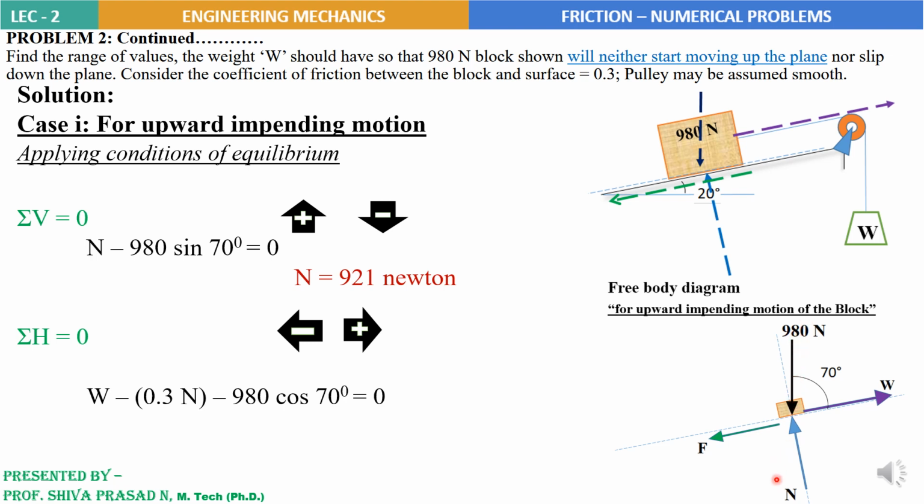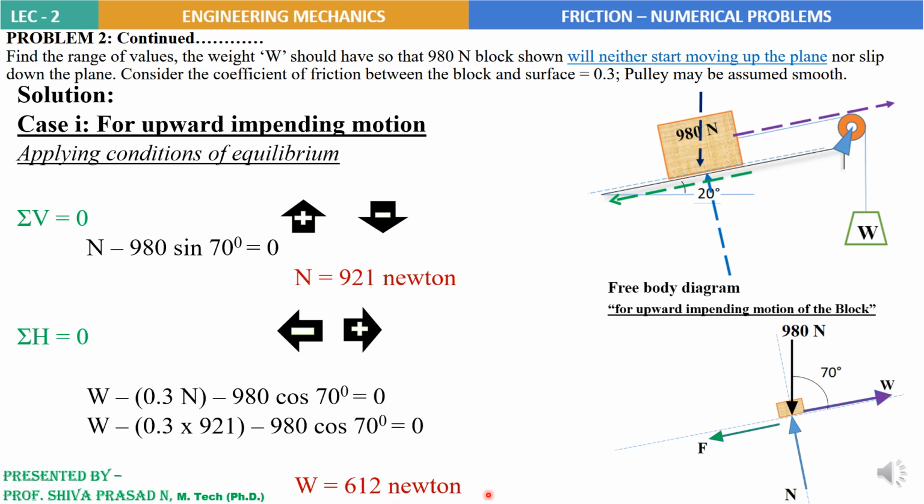So this force will be resolved on the negative x-axis. So minus 980 cos 70 degrees is equal to 0. Now we can substitute N equal to 921 here and get the value of W. So W works out to be 612 Newtons. So the value of W for upward impending motion of the block is 612 Newtons.